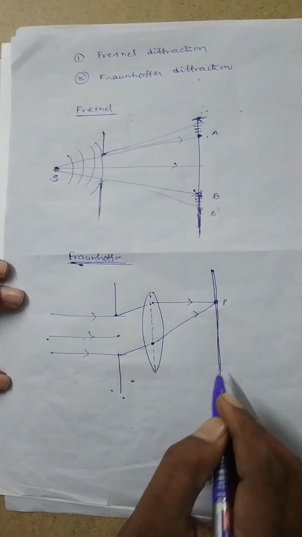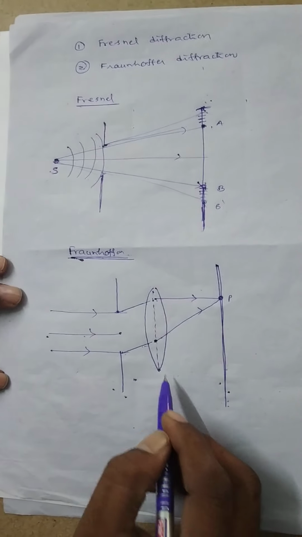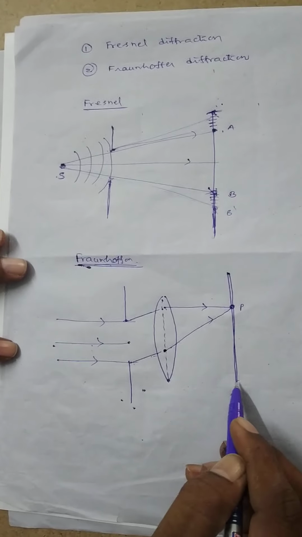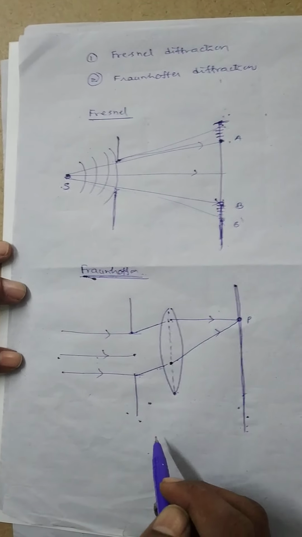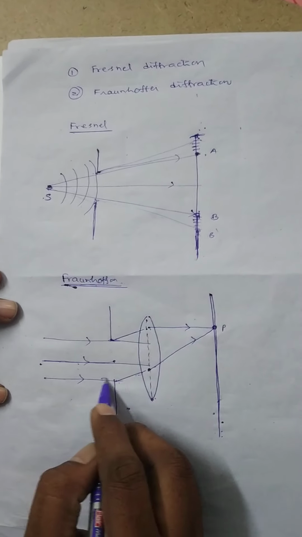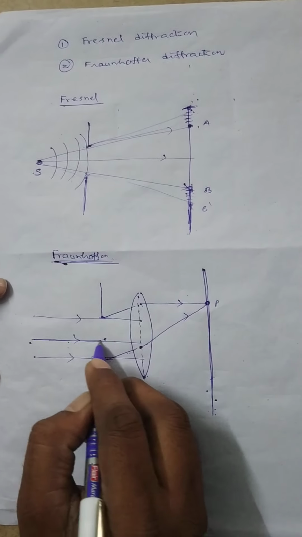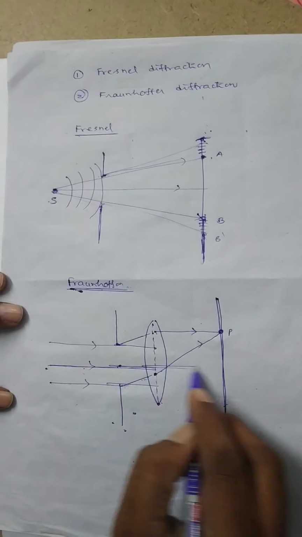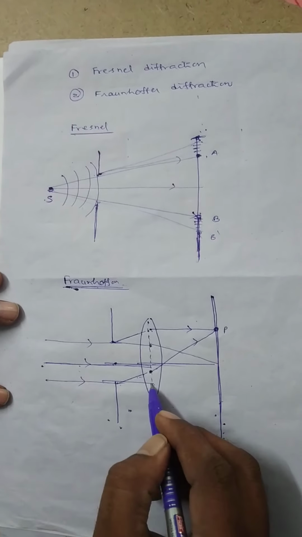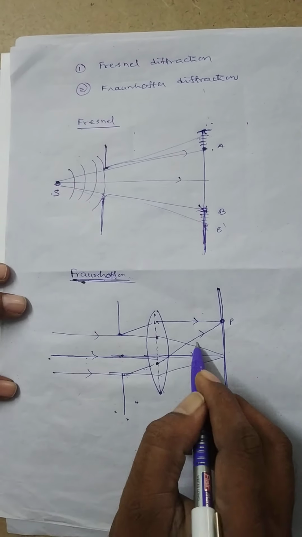So to observe this diffraction, the one and only point is that the distance between lens and screen should be equal to its focal length. Also here, this is a light, this is another light, and the one passing through the center does not deviate. These two lights converge and form at one point on the screen.